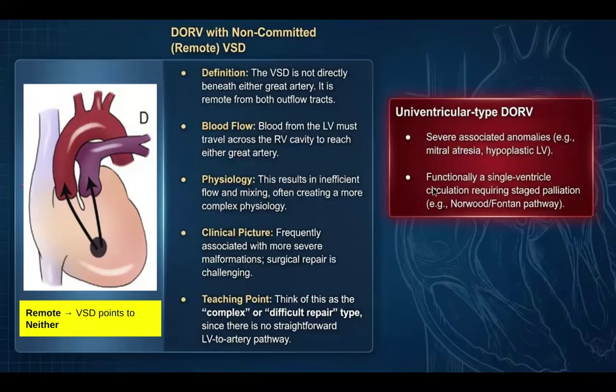This one is the more severe out of the double outlet right ventricle types, and that's because this VSD is not allowing the blood to circulate to the great arteries, so it is really tough for the circulation to reach them. It's usually a higher VSD, way up into the apex. So it's non-committed and it's remote.